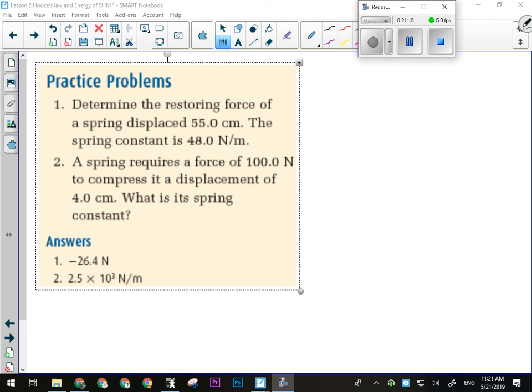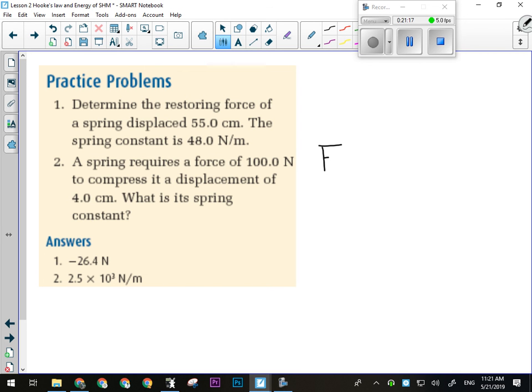Okay, according to the formula, where the restoring force in a spring is negative k times x, this force has to be in the opposite direction of x. Everyone with me on that? All right, so either the 4 centimeters is negative or the 100 newtons is negative. I'm going to make the 100 newtons negative when I do this problem. So I'm manipulating to try and solve for k.